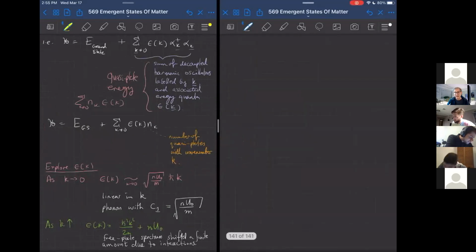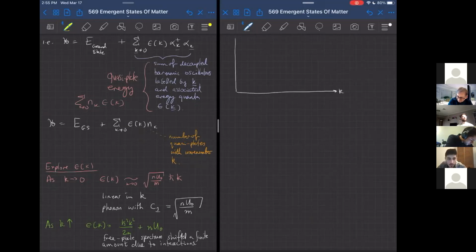Okay, so now going back to the question, I think it was Daniel who asked, right? You asked, can we tell what these things are? The best answer I can give you is what I just told you, namely, in the long wavelength limit, we see that the spectrum has phonons in it. So my spectrum looks like this. And then eventually it becomes some quadratic form.